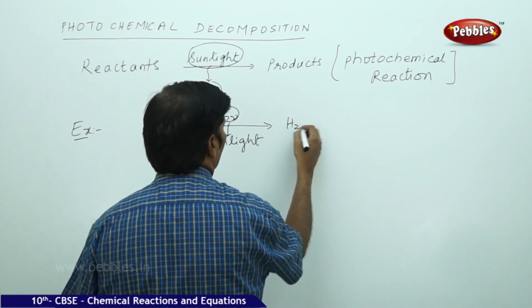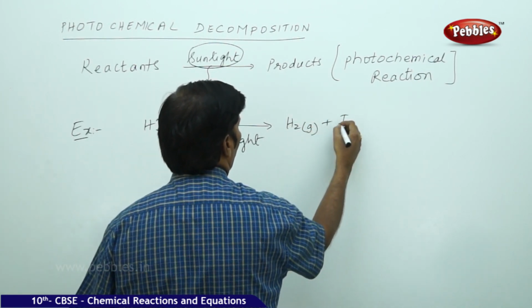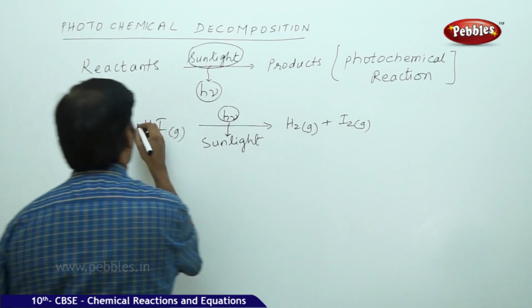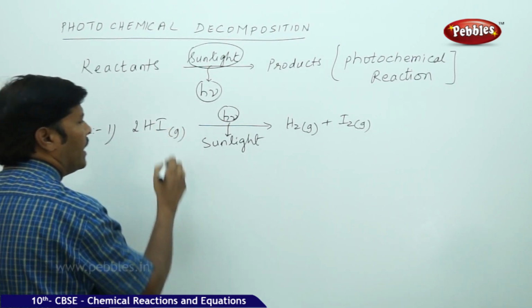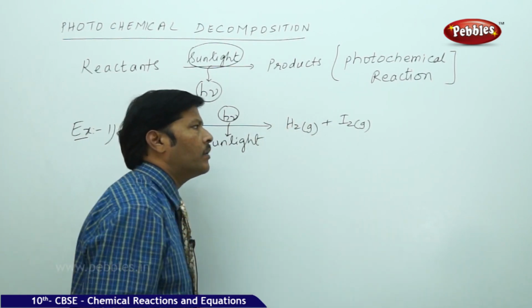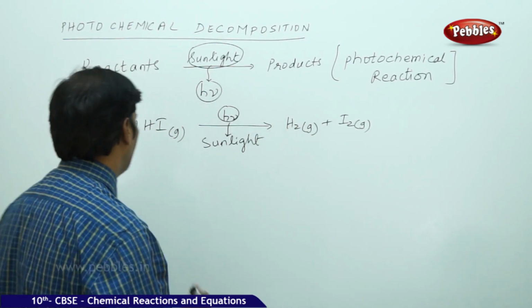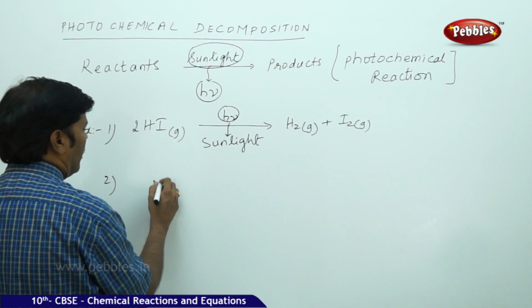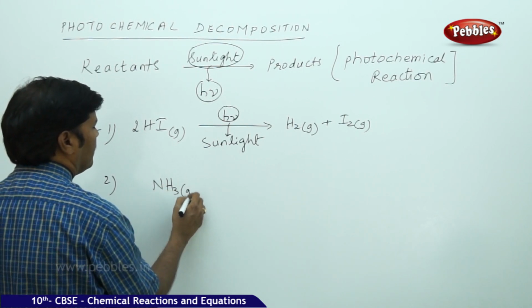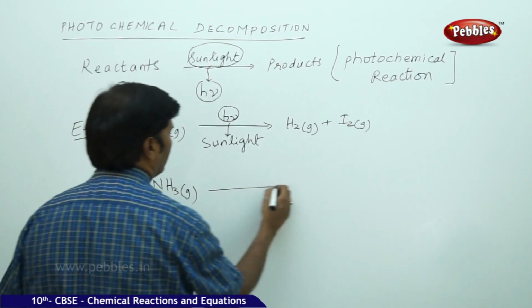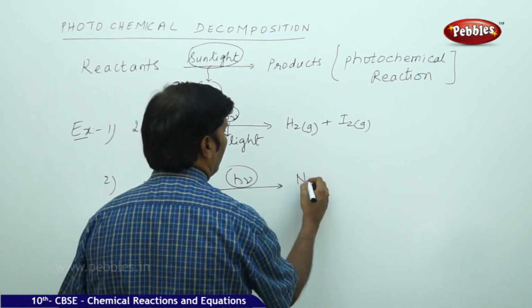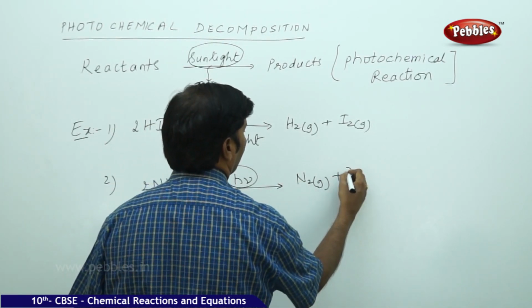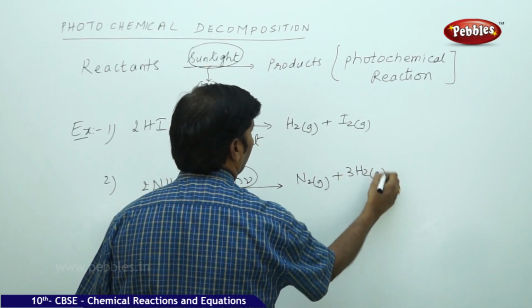It gives H2 gas plus I2 gas. That means 2 moles of hydrogen iodide gas decompose to give hydrogen gas plus I2 gas. Sometimes you can also take 2 moles of ammonia gas in the presence of sunlight, that is h mu, and it gives 1 mole of nitrogen gas plus 3 moles of hydrogen gas.